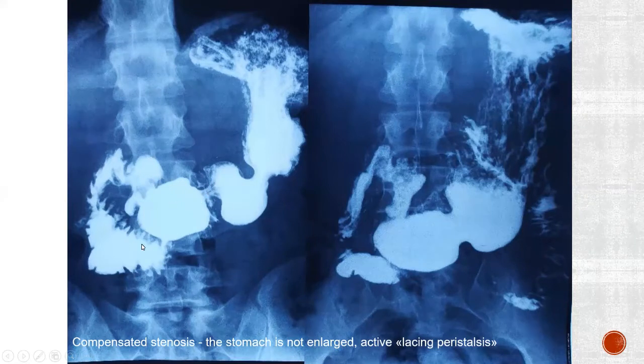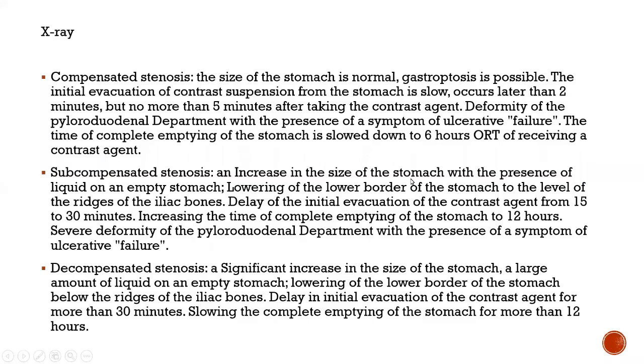Here's the stomach movement to have a good outcome from the stomach. And here is the ulcer area and the deformation of the pylorus. The initial evacuation of contrast suspension from the stomach is slow. It occurs later than 2 minutes, but no more than 5 minutes after taking the contrast agent.